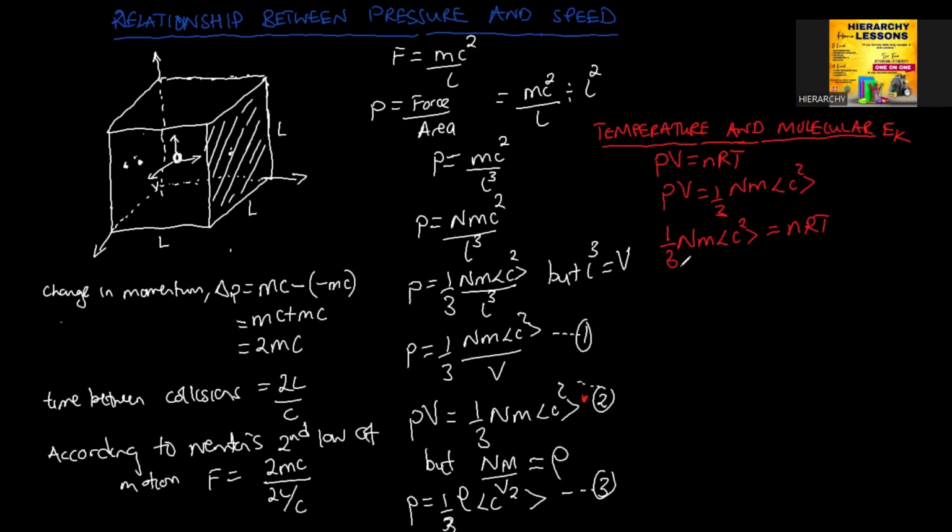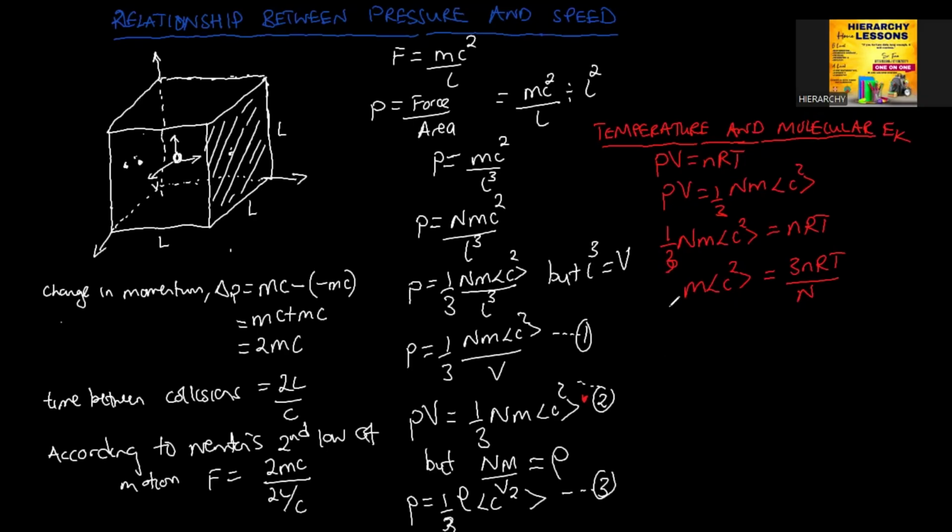We want to deduce an expression for kinetic energy. So mc squared is equal to 3nRT over N. Let me take you back to chemistry a bit.